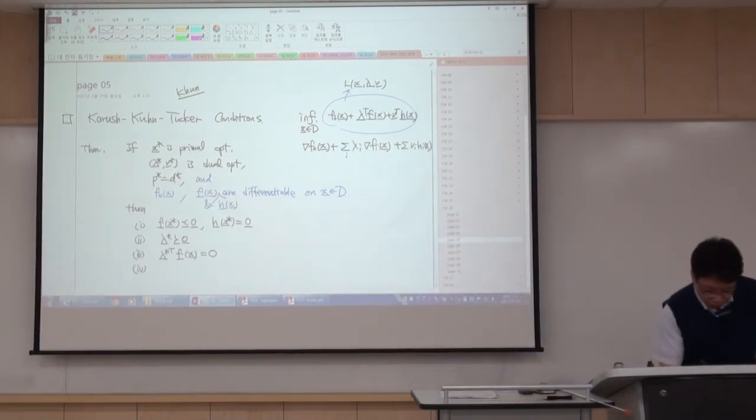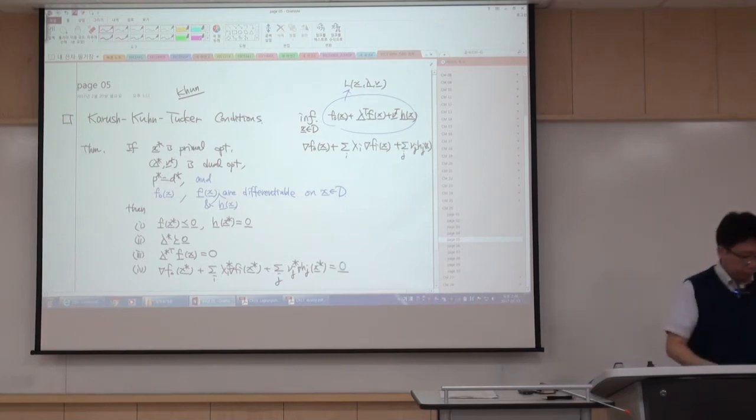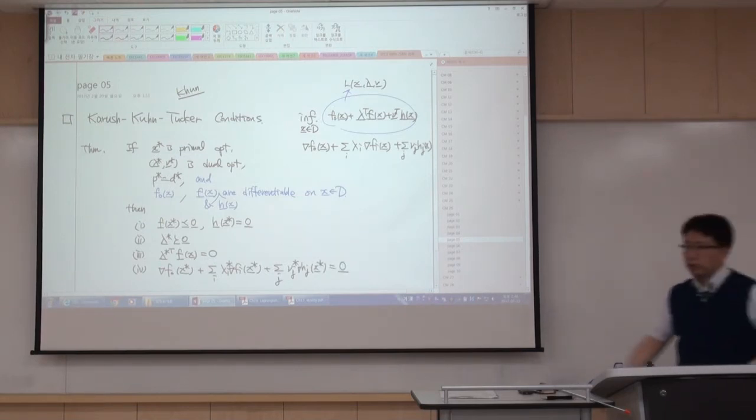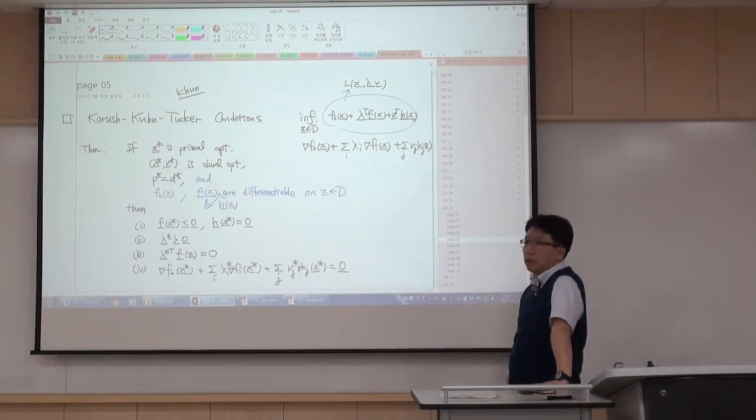So now let me use j, because their lengths may be different. Gradient. Okay, so this is the simple first order necessary condition. Got it?